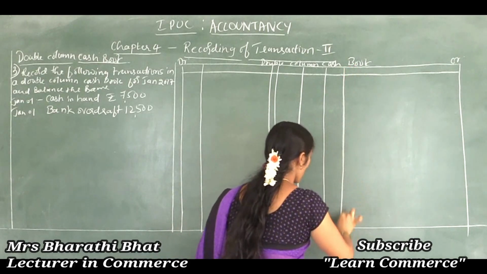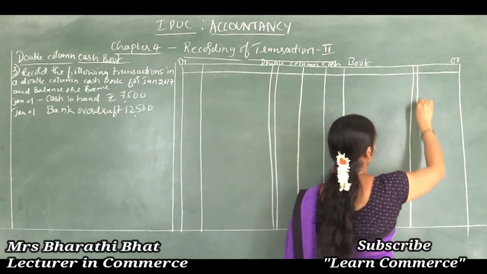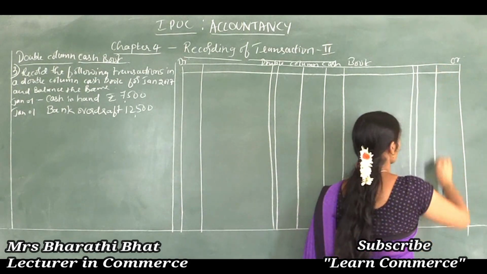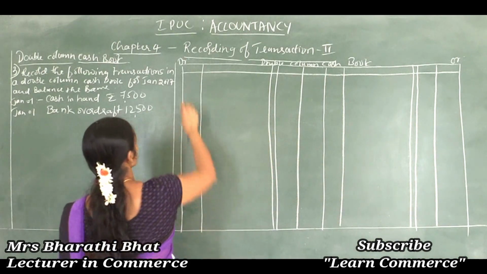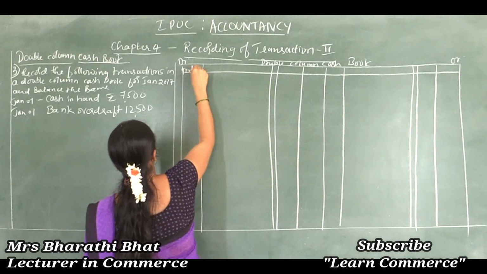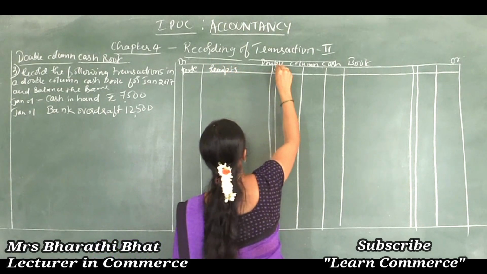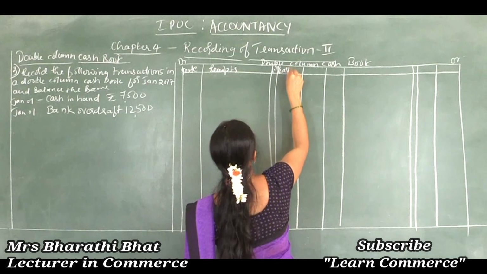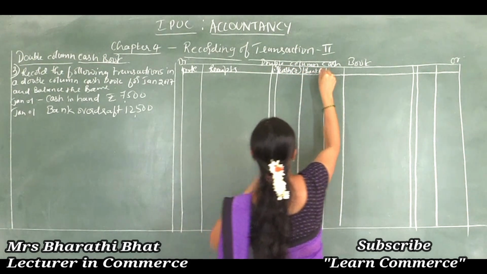Again you need to draw the columns: date, LF, and cash amount and bank amount. So fill the columns: date, receipts, LF, cash in rupees, bank in rupees.